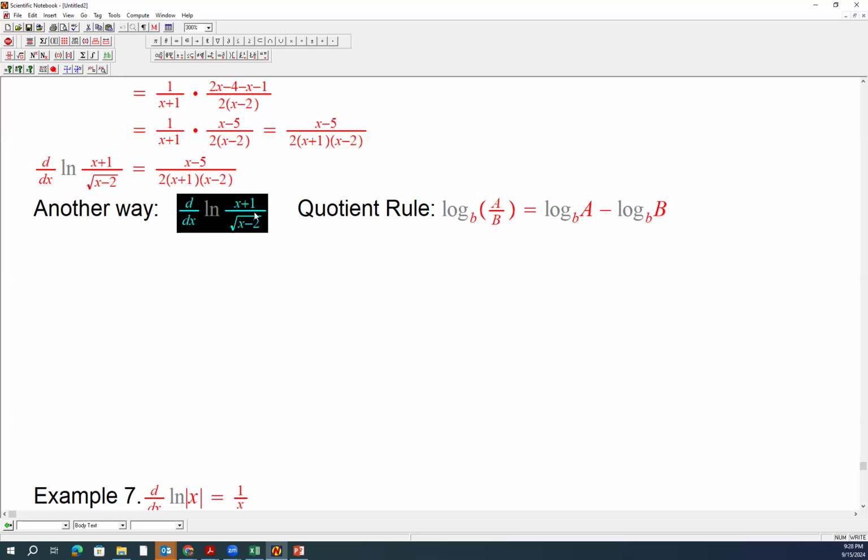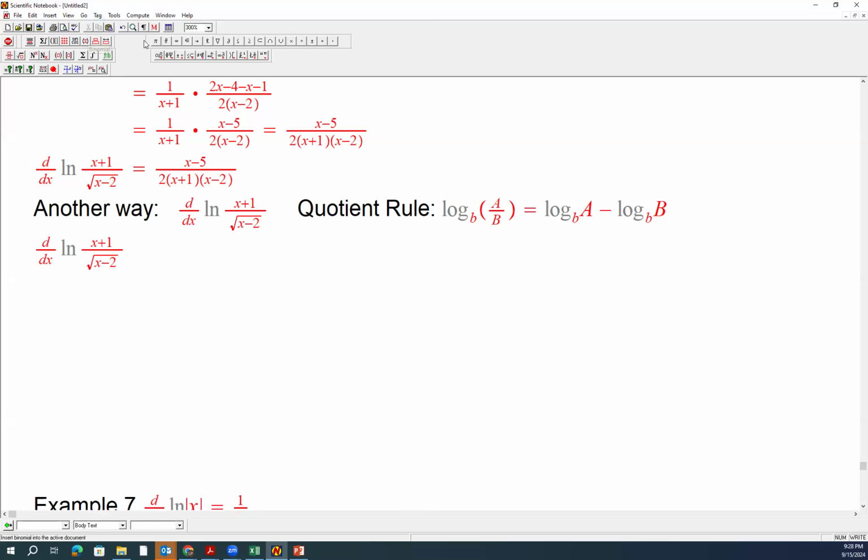If we apply that, you will see our work becomes much easier.